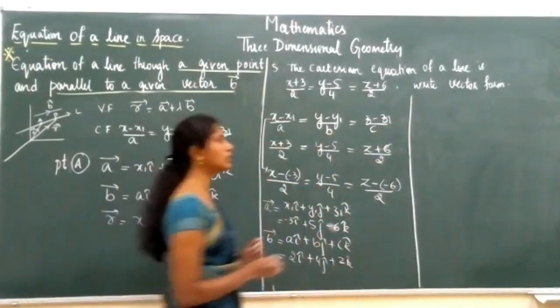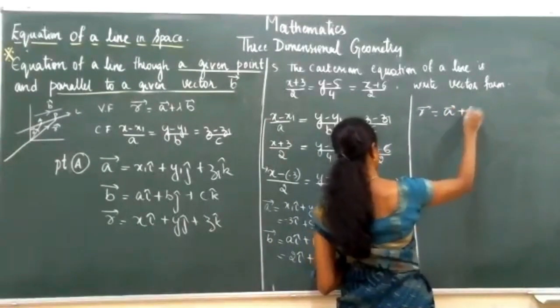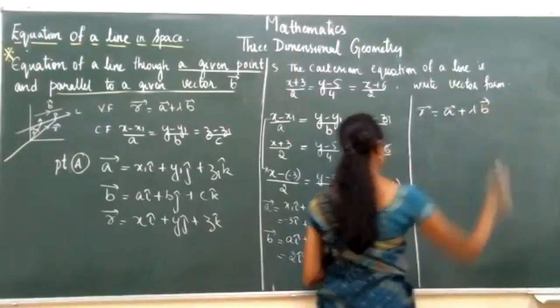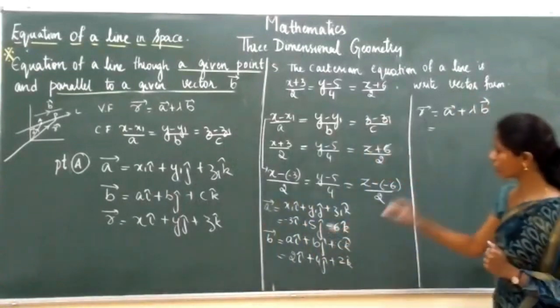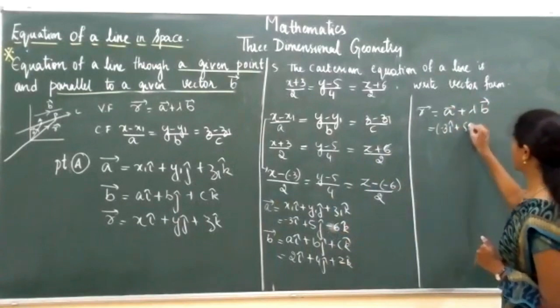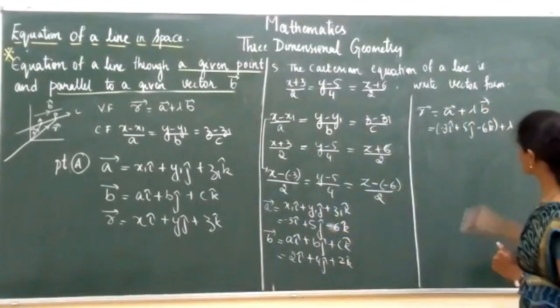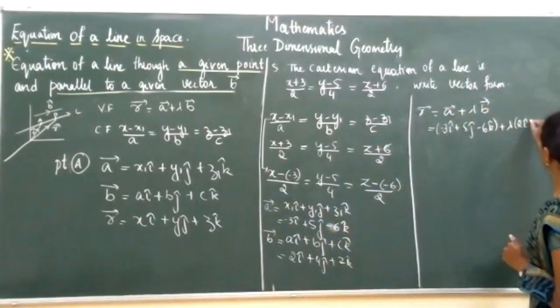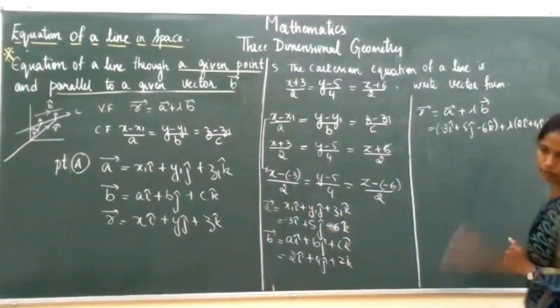Now we need to write the vector form, where the vector form is given by vector r equal to vector A plus lambda times vector B. Therefore, this is equal to vector A, which is minus 3 i cap plus 5 j cap minus 6 k cap, plus lambda times vector B, which is 2 i cap plus 4 j cap plus 2 k cap.